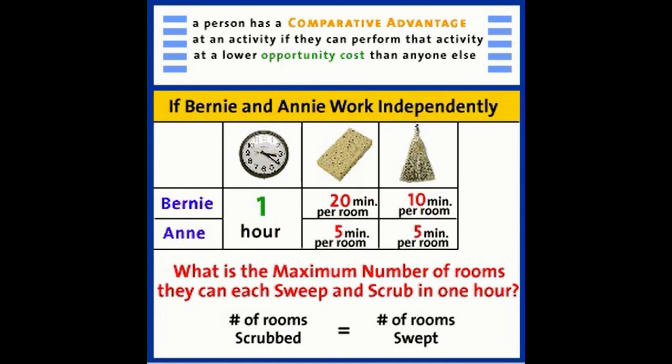So if Bernie works by himself, then he is able to sweep and scrub 2 rooms each. So it looks like that point would be right here on the diagram. Bernie working by himself winds up scrubbing 2 rooms and sweeping 2 rooms.